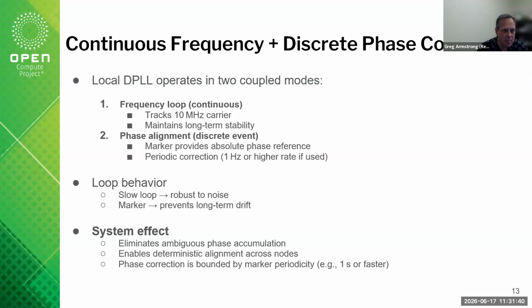I've got now 10 million edges to look at and continuously monitor to make sure that stability is maintained by the phase lock loop. So that gives you very long-term stability of the clock. You could even lose that 1 pulse marker for a period of time and maintain that marker during that time with just the 10 megahertz clock. So that's the advantage of maintaining that continuous loop, right?